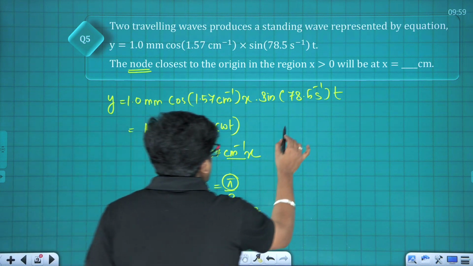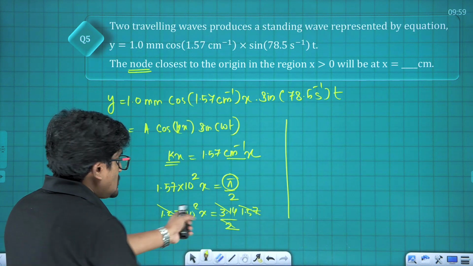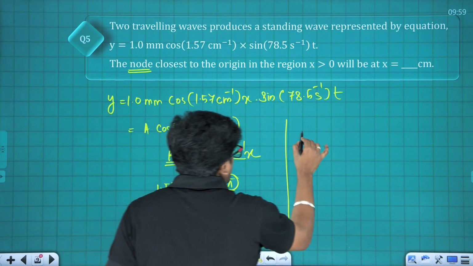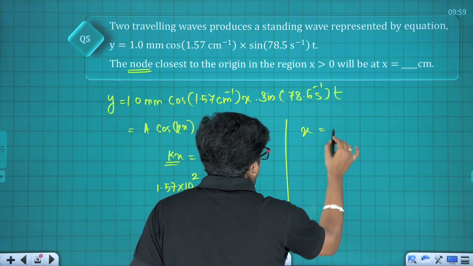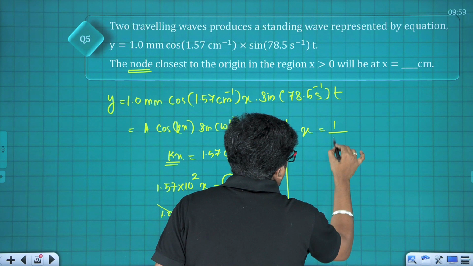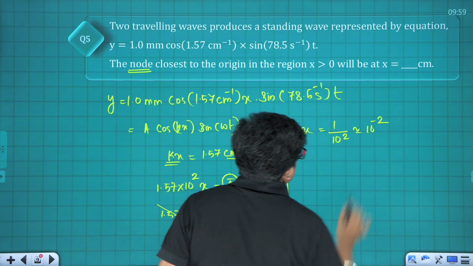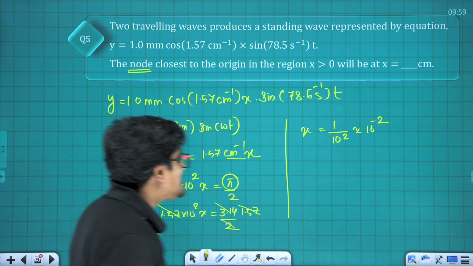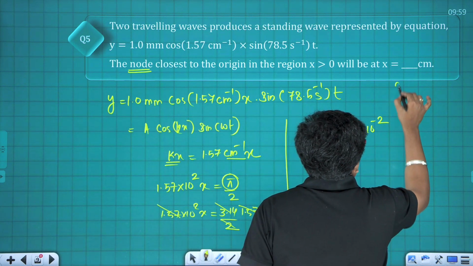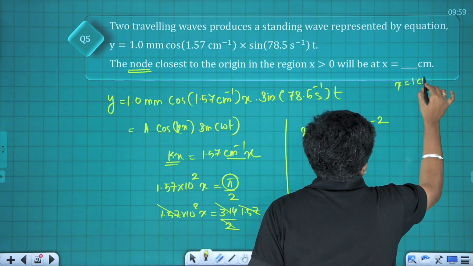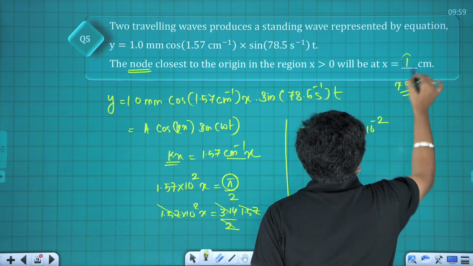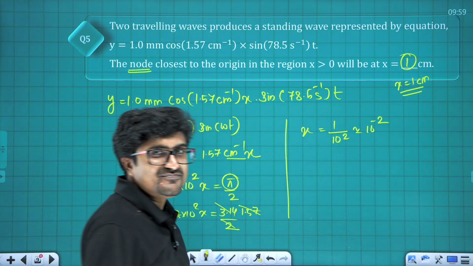Now if I take this towards the left, x is supposed to be 1 upon 10 to the power 2, or I can say it's 10 to the power minus 2, isn't it? So in centimeter, x needs to be marked as 1 centimeter, so at here the gap should be 1.